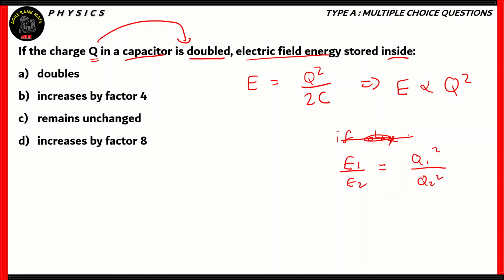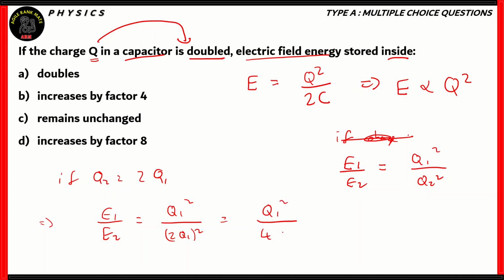Now if Q2 is 2 times Q1, then what we get is E1 over E2 as Q1 squared over (2Q1) the whole squared, which is Q1 squared over 4Q1 squared. You just have to cancel those to get the ratio as 1/4. So that means E2 would be 4 times that of E1.